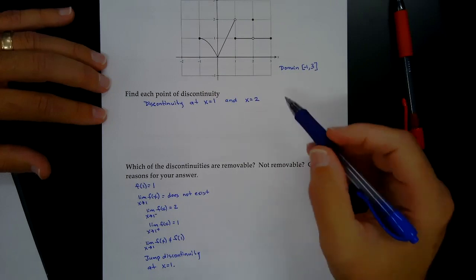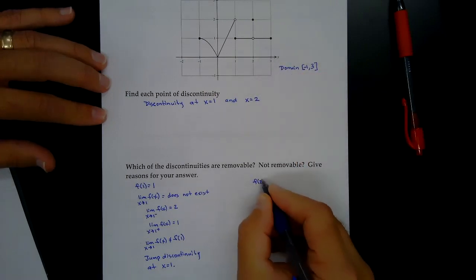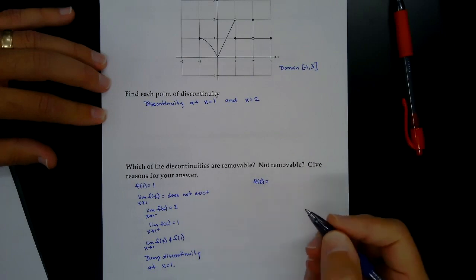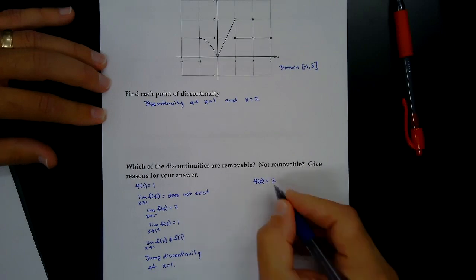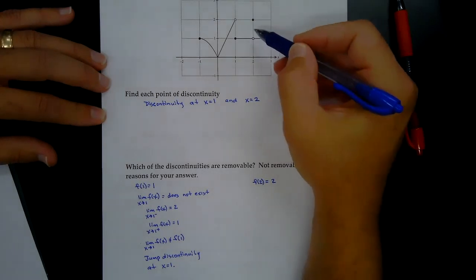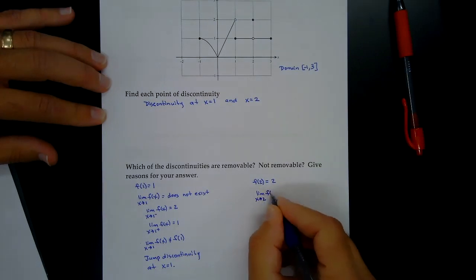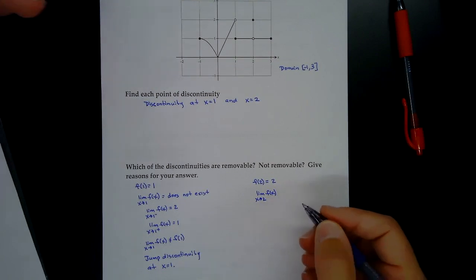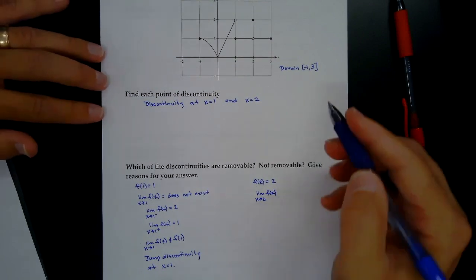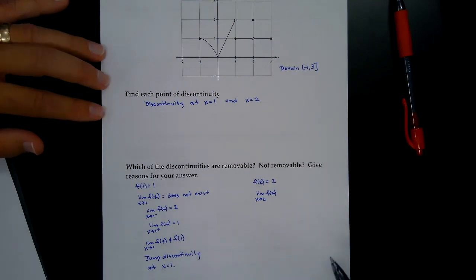All right, how about the next one at 2? Let's find f of 2. f of 2 would equal 2, because it's that closed dot right there. That's the function value. What's the limit as x approaches 2 of f of x? I should have said this function is called f of x, because I'm using it all over here.